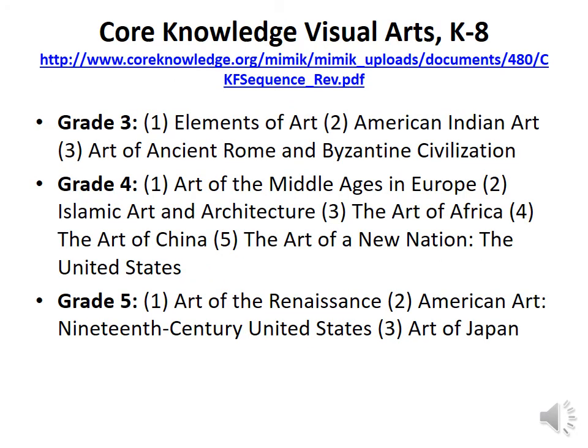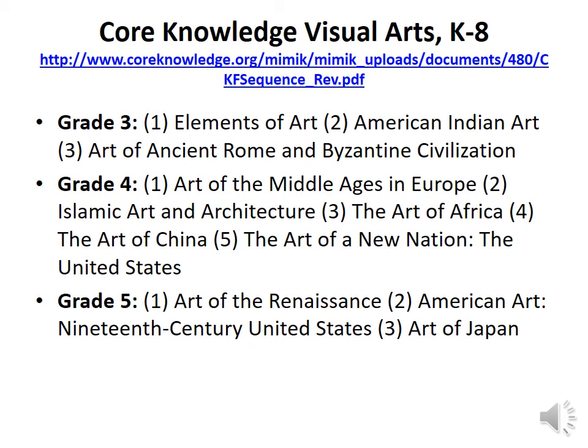Moving on, grades 3 through 5. In grade 3, notice how elements of art sort of cycles through there. They move into American Indian art, art of ancient Rome, and the Byzantine civilization. My goodness, what a wonderful integration of art and history.